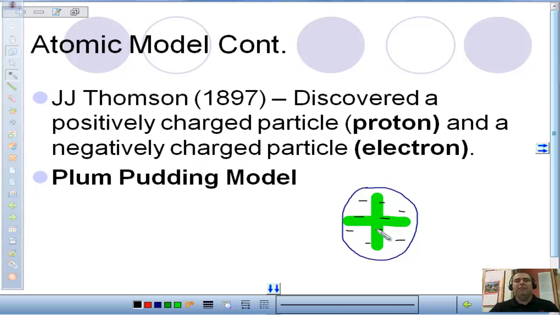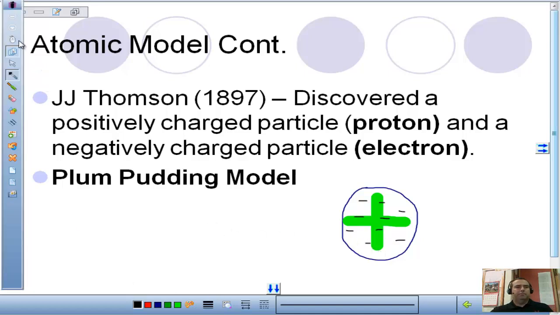More commonly today, his model of the atom is known as the chocolate chip cookie dough. Again, when you put your eggs and your flour and your sugar and all of that together and you beat it up, you kind of get this yellow dough mixture. That really would end up being the positive. And when you add your bag of chocolate chips, each little chocolate chip would represent an electron.